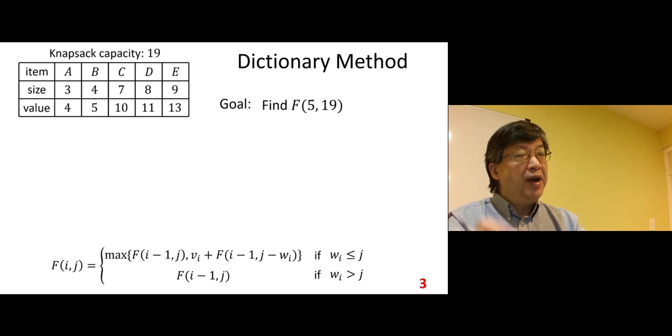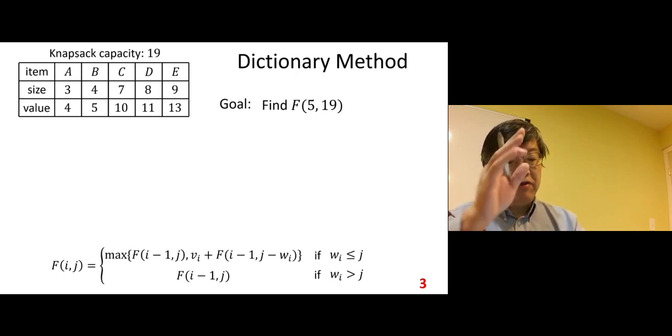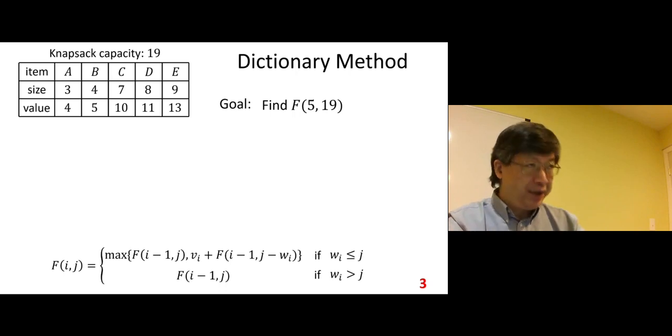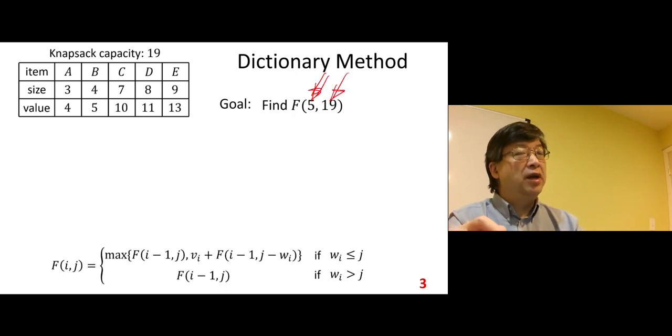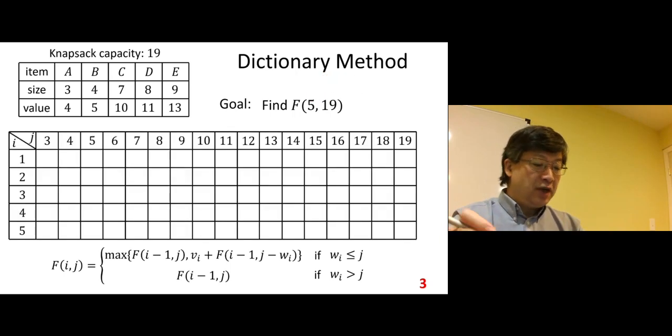Our goal, we need to find the value of this two-variable function, f of 5, 19. Number of items, 5 items, the capacity, the size of the knapsack, 19. Find this value. So let's draw this table.